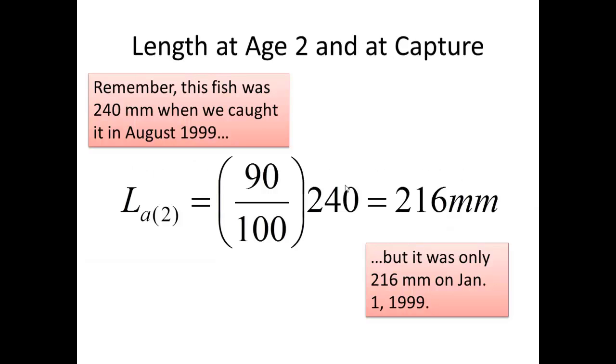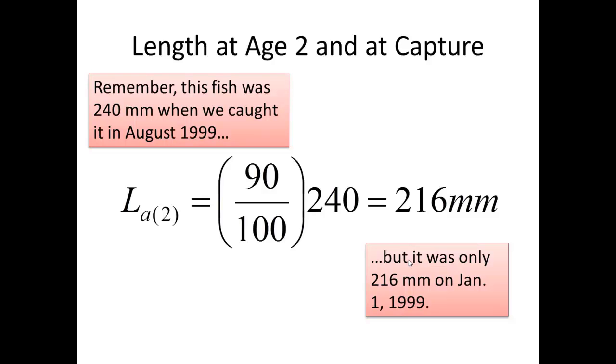Remember, the fish that we worked up was 240 millimeters when we caught it in August of 1999. And when we did the calculation, it was only 216 millimeters on January 1 of 1999. And so the table is telling us the average size on January 1 for each year.